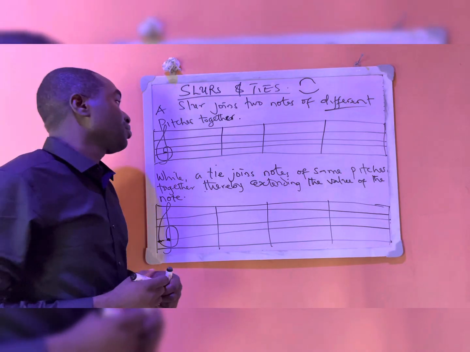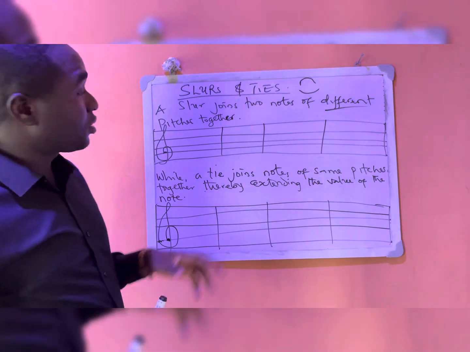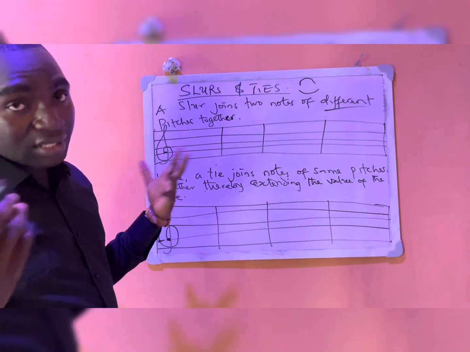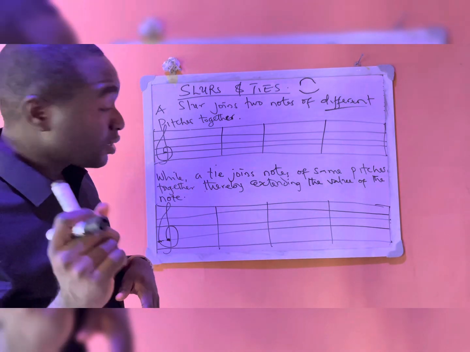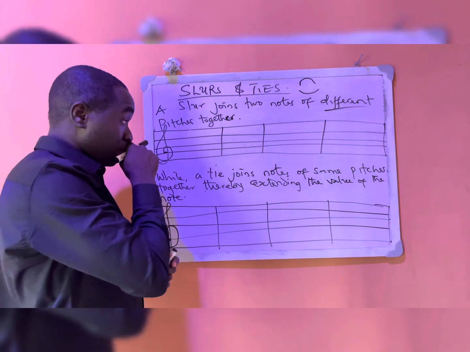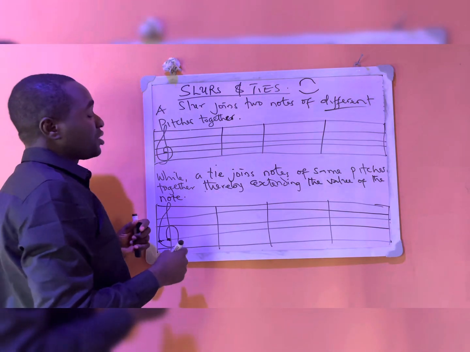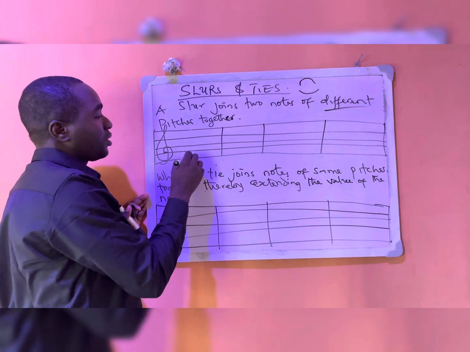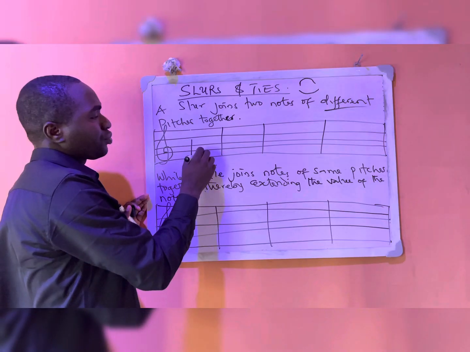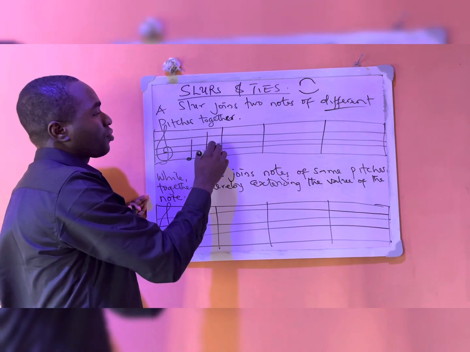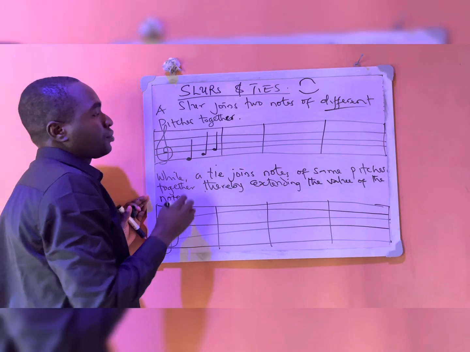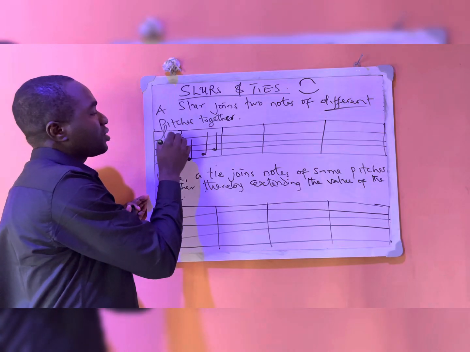For example, now, what was the key to this song? No sharp, no flat, so it is key C. The first thing, don't forget your key signature. So if we have a note here, let's assume the time signature is 3/4.